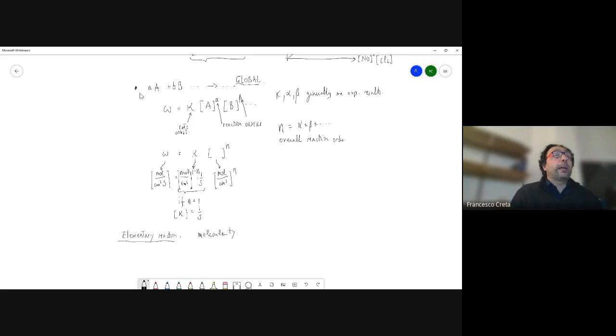So the global reaction is really not a collision between A molecules of A and B molecules of B, and so on. It's a global representation of the kinetic process, but really it's hiding a series of steps which are actual collisions between molecules. And those acts of collisions we call elementary reactions.